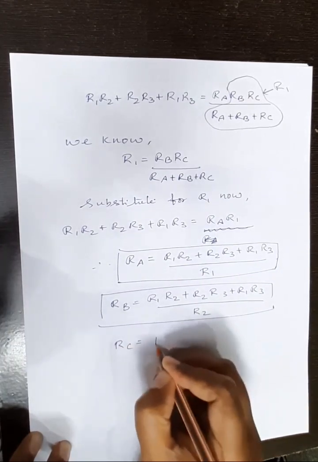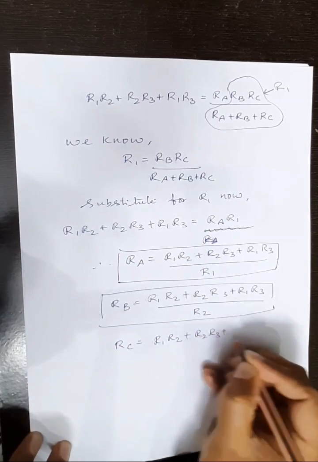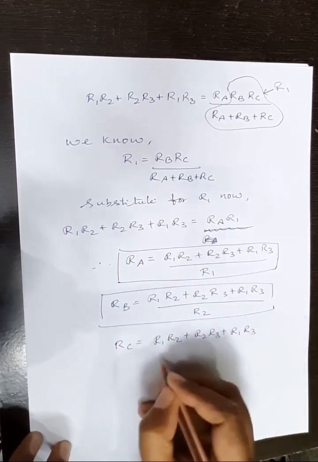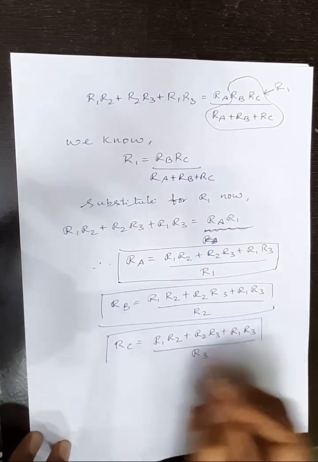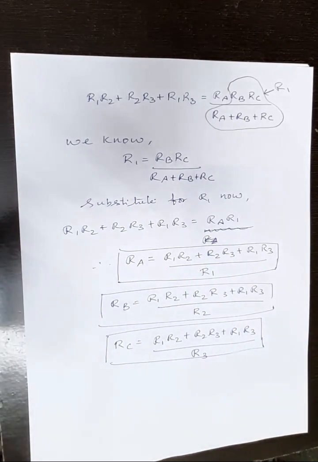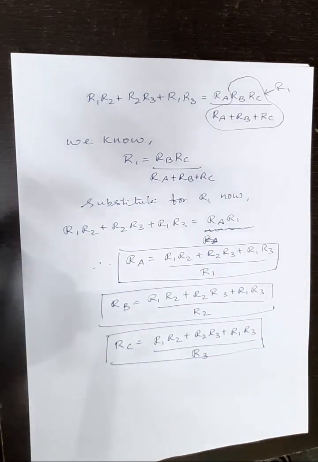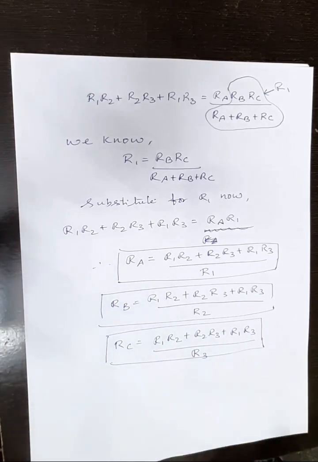RC, which is equal to the same R1 R2 plus R2 R3 plus R1 R3 divided by R3. Thus, delta resistance between the two terminals is the sum of two star resistances connected to the same terminals plus the product of the two resistances divided by the remaining third star resistance.